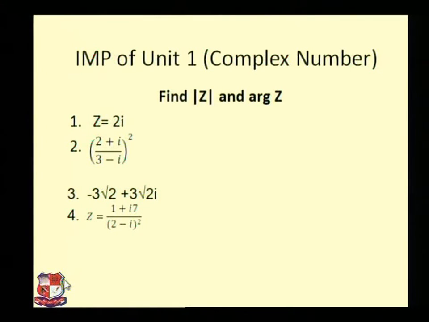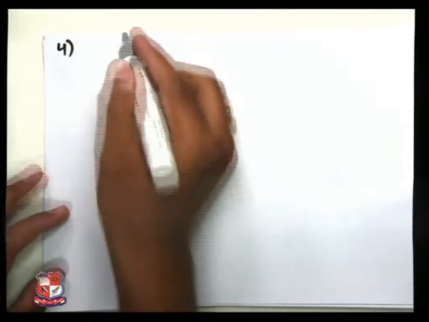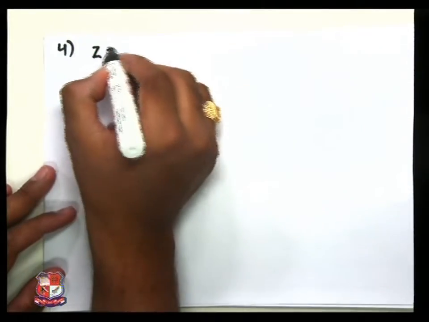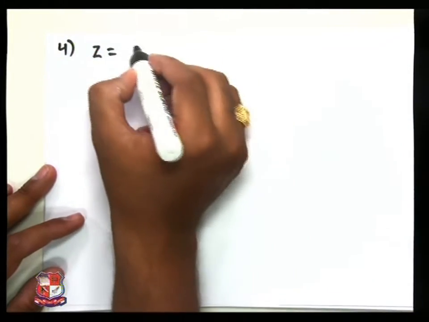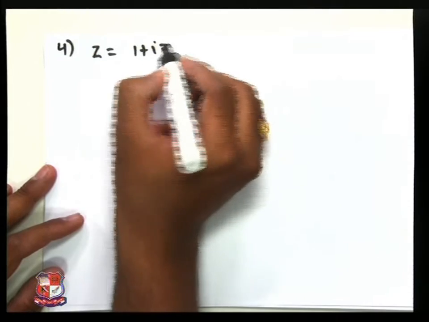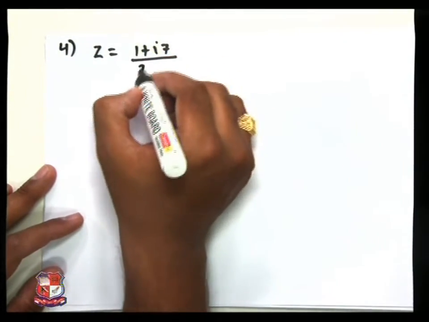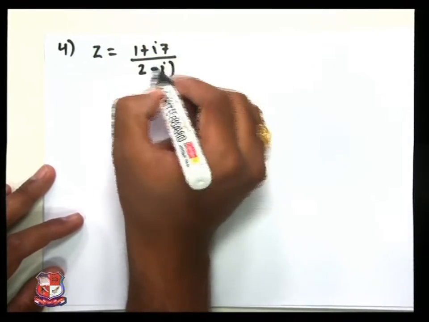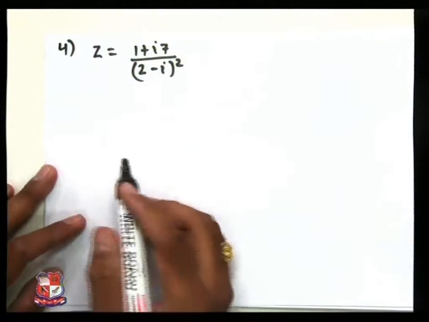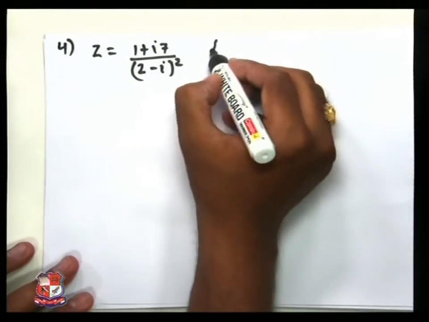We write down the fourth question, that is z is equal to (1 plus i7) divided by (2 minus i) whole square. Same way we want to find out the two values.